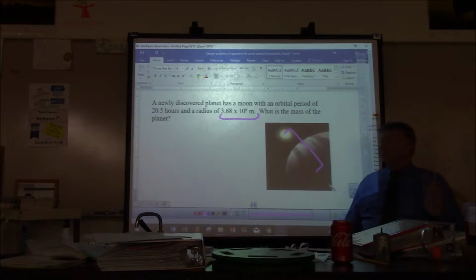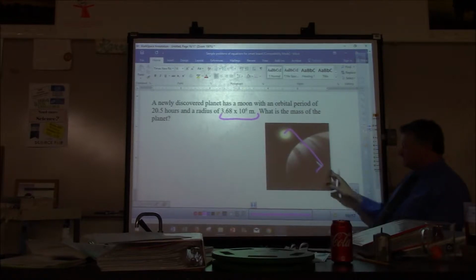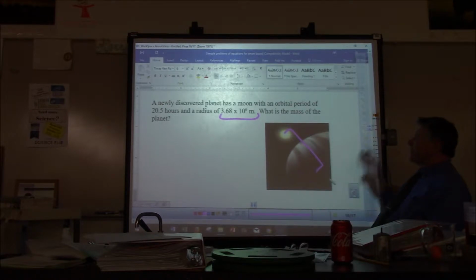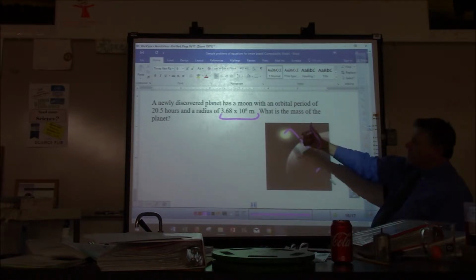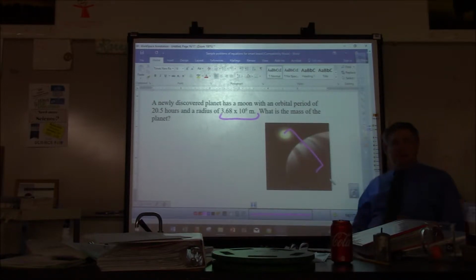This isn't that. This is the radius. And the other problem is, you don't even know the radius of the planet itself. You couldn't add it if you tried, because I didn't give you that value. So I've got an orbital period, I've got a radius, and I'm trying to find the mass of the planet. So what am I going to use?